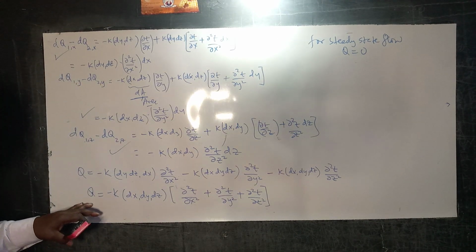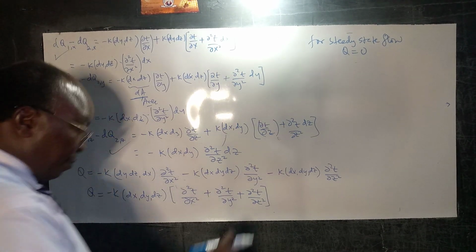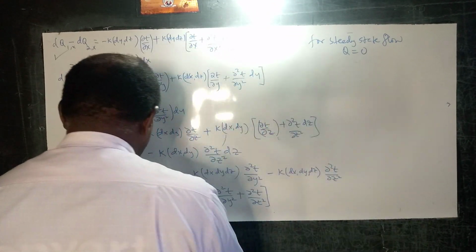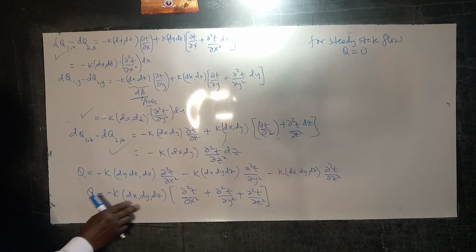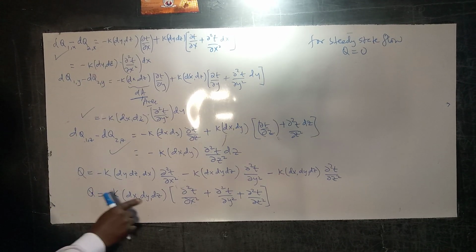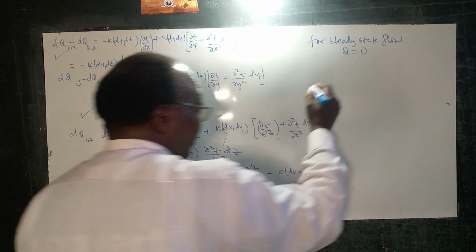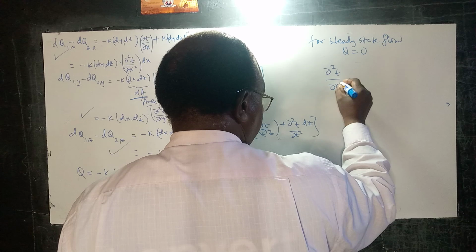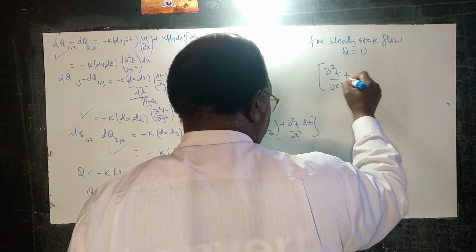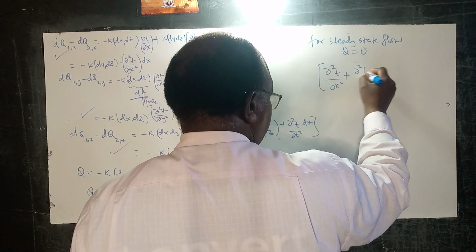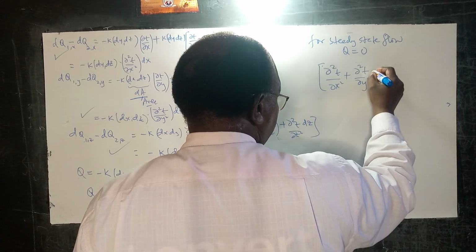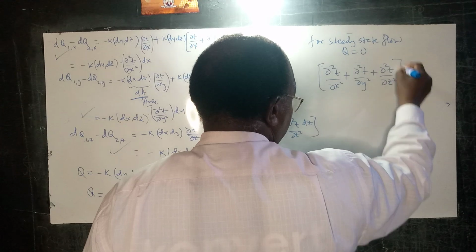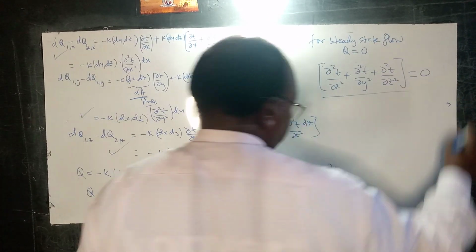If Q is 0, of course, we can divide that 0 with this, so we'll be left with del squared t, del x squared, plus del squared t, del y squared, plus del squared t, del z squared is equal to 0.